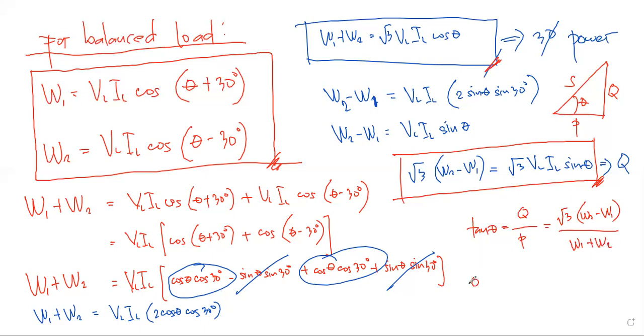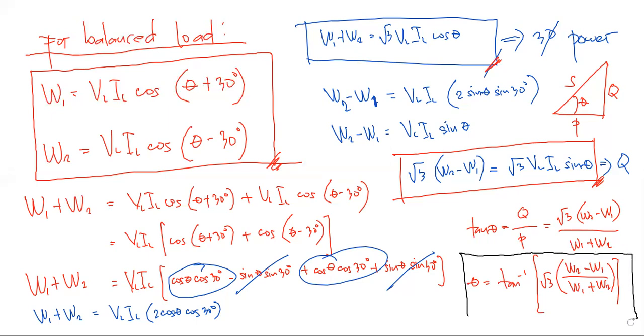Such that the power factor angle is the inverse tangent of square root of 3 multiplied by wattmeter 2 minus wattmeter 1 divided by wattmeter 1 plus wattmeter 2. So this is how we obtain the power factor.